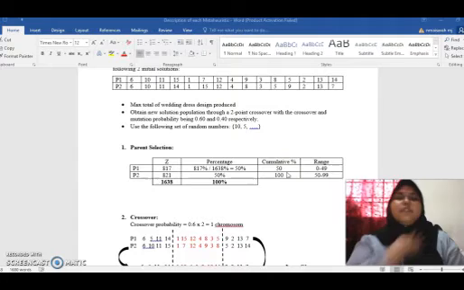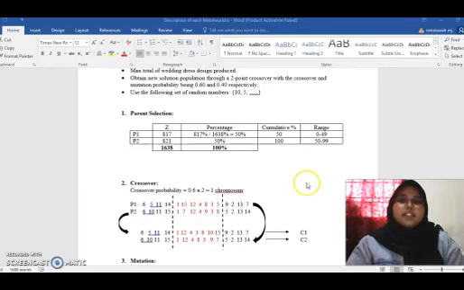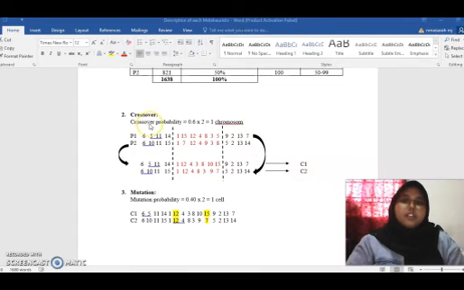The range for parent 1 is 0 to 49 and parent 2 is 50 to 99. Next is the crossover. The crossover probability is 0.6 times 2, where 2 is our initial solution, and then we get one chromosome.